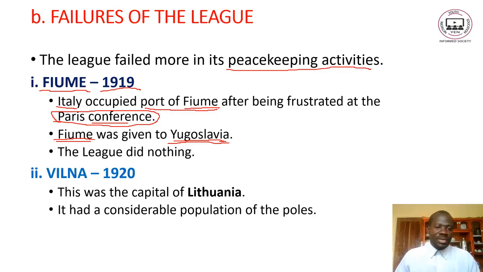The second one was Vilna, also in 1920. Vilna was the capital city of Lithuania, and it had a considerable population of Poles. Remember, the Poles are the people from Poland.